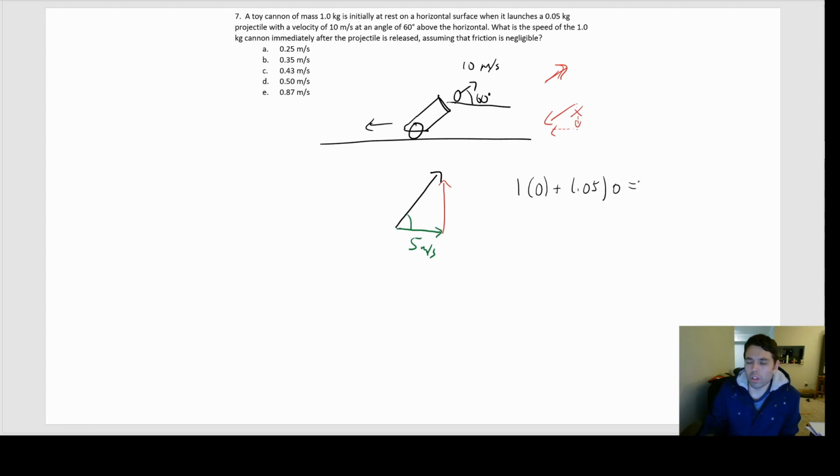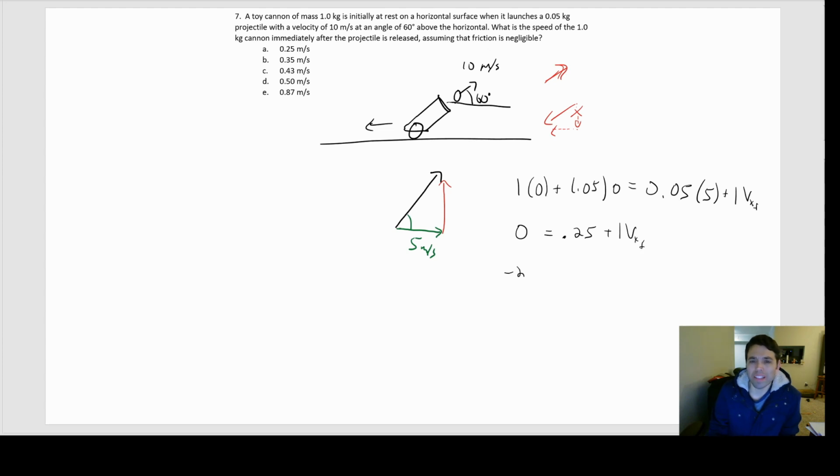So the mass of the ball, 0.05, times the velocity of the ball in the x direction, which is 5, plus the mass of the cannon, 1, times its final velocity in the x direction. On the left-hand side we have 0 equals 0.05 times 5, which is 0.25, plus 1 times vxf, minus 0.25.